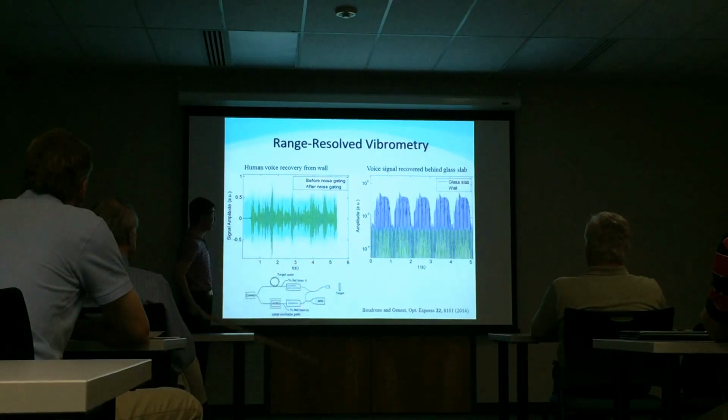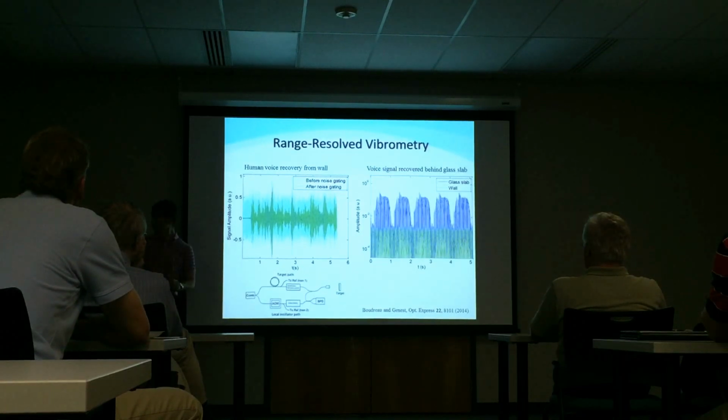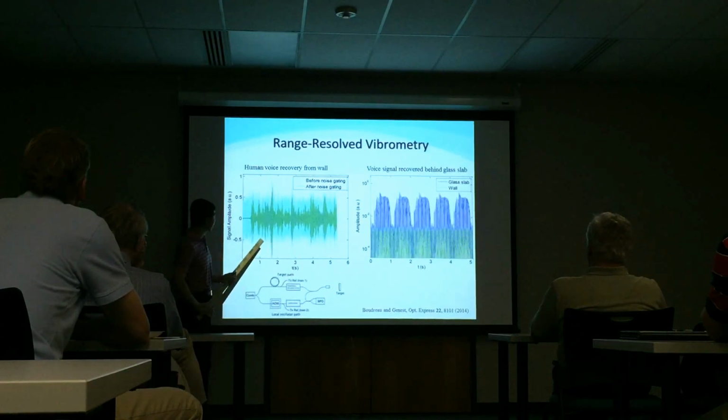So you basically can monitor very small vibration on a wall. Of course, I think their wall is not really this kind of wall. I think they use some polyester or something constructed wall. But anyway, you can recover somebody talking behind the wall.